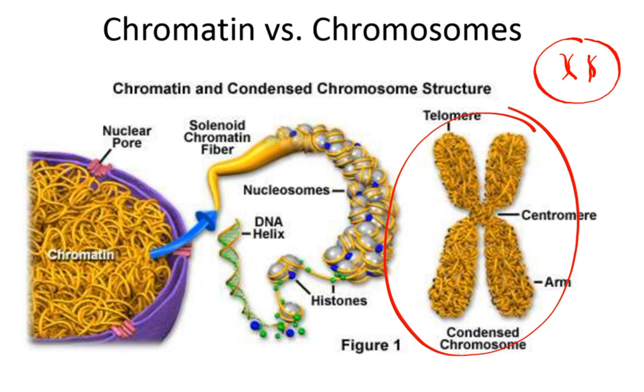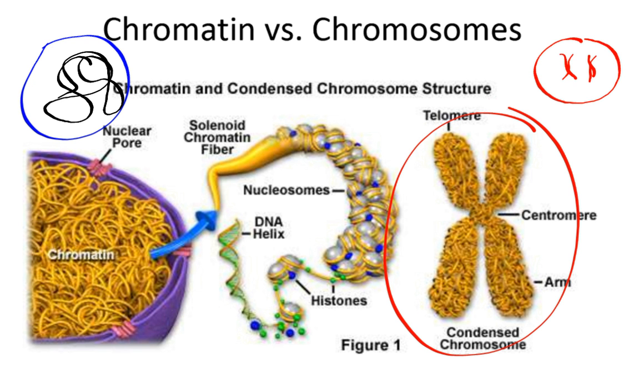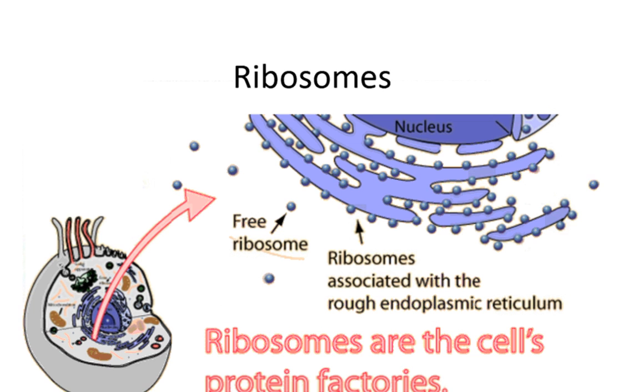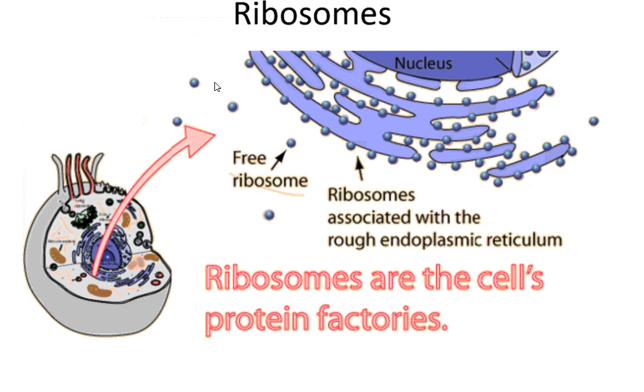Whereas normally the cell exists in this kind of fashion with the DNA all over the place. Not random, because it's very much on purpose where it is. Things are happening during that time. That's the normal life cycle of the cell. But when the cell gets ready to divide, that chromatin condenses into chromosomes.